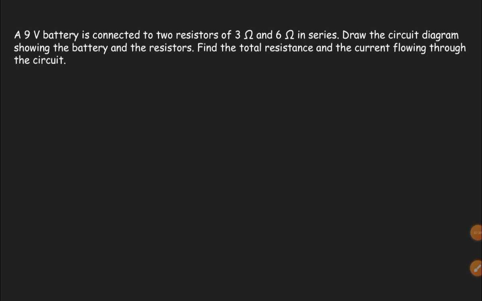A 9-volt battery is connected to two resistors, 3 ohms and 6 ohms in series. First, we are supposed to draw the circuit diagram. Find the total resistance and the current flowing through the circuit. So we should be able to draw. So a battery, a 9-volt battery.